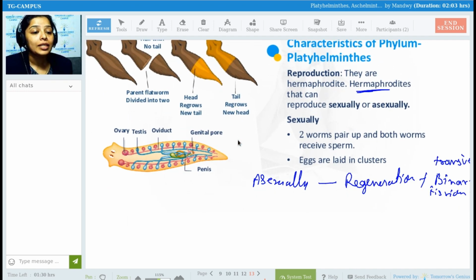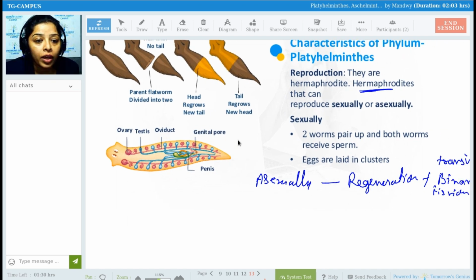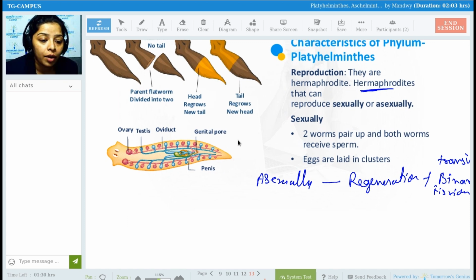Now let's see the sexual method. They can reproduce sexually also, and we know that they are hermaphrodite. Both the sexes are present in one body only. You can see here they have a pair of ovaries, testes, oviduct, and genital pores.